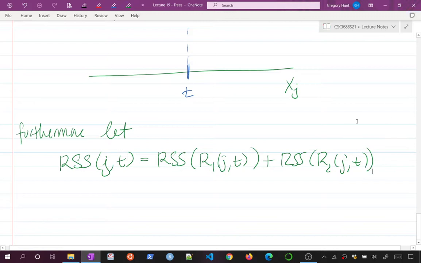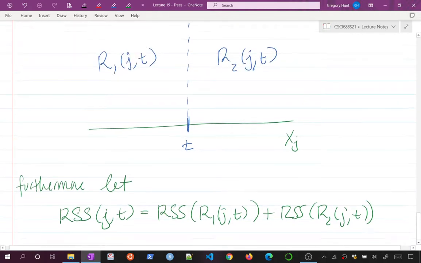So the RSS of splitting variable j at point t is the RSS that we attain, basically. There'll be some points in my training data on one side and some points on the other side. And obviously we predict on each side by just predicting the average value of these points.